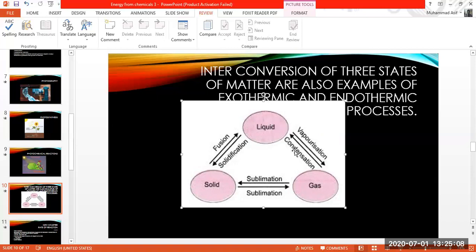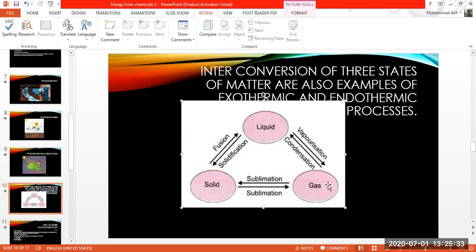But when liquid changes into gas, vaporization takes place. It means that we provide energy to liquid. Due to that energy, force of attraction between the liquid particles decreases. Then all liquid particles, due to the lesser force of attraction, change into gaseous form. And this is called vaporization.